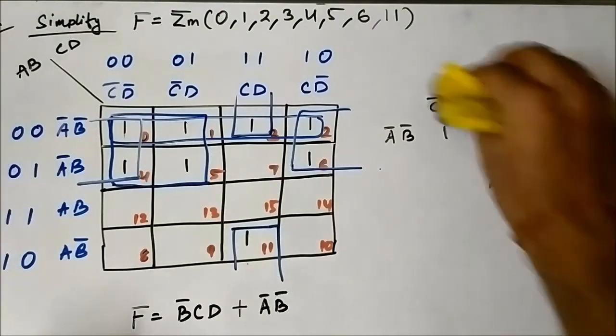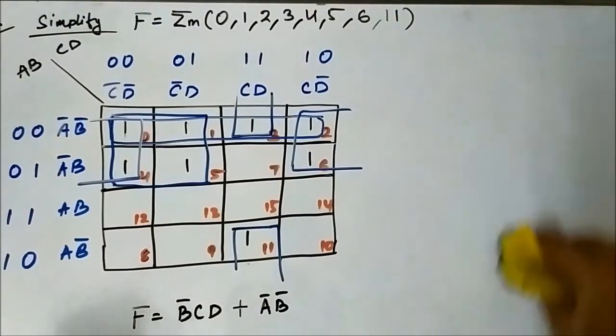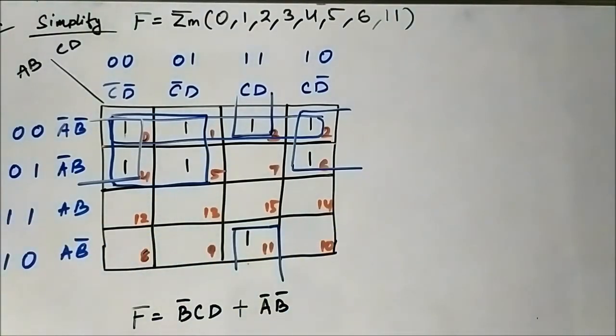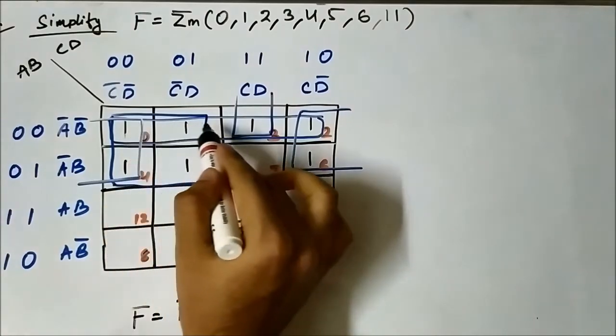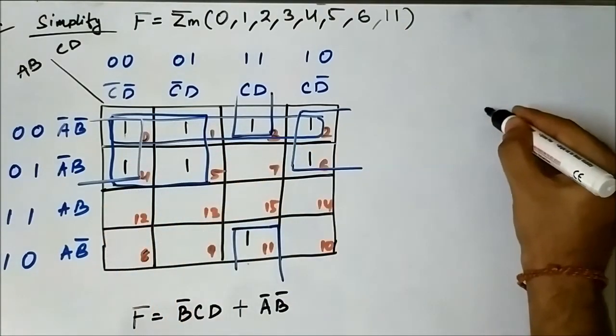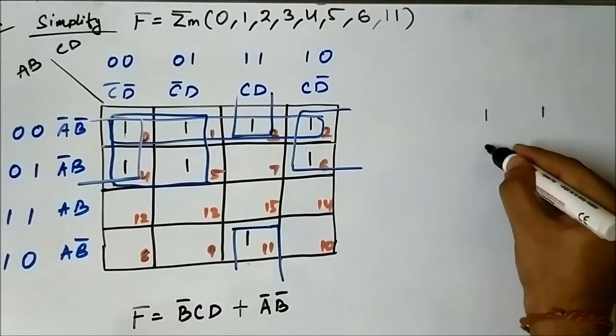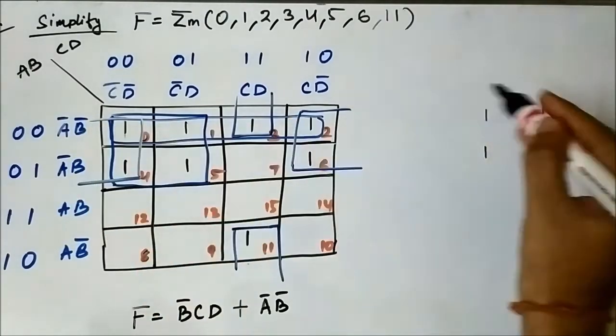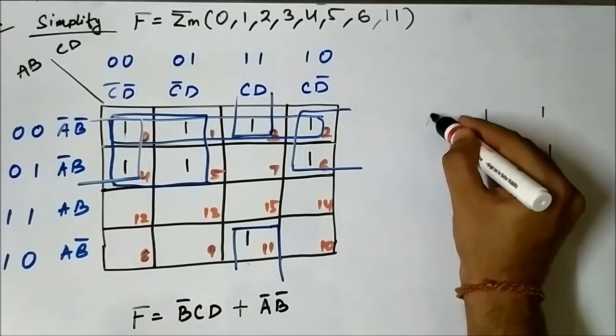Now we will consider this quad, 0, 1, 4, 5. Let us write the horizontal and vertical variables.